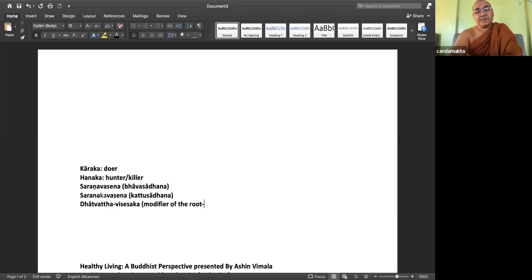Then Tadattha Anuvadaka, which means follower, a follower of the root meaning.